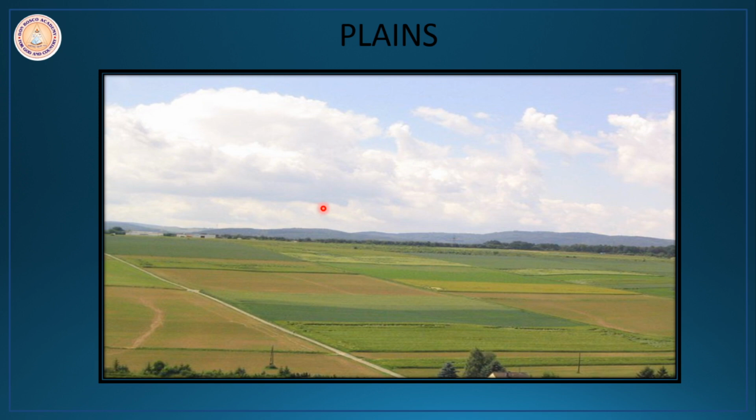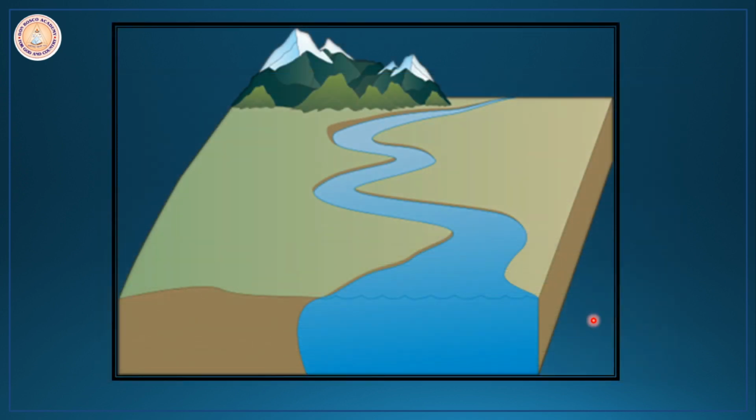Plains may be completely level or might be having a gently rolling topography. Rolling means there might be some highlands on the plains. They have a gradual slope, extensive flat area with low latitude.